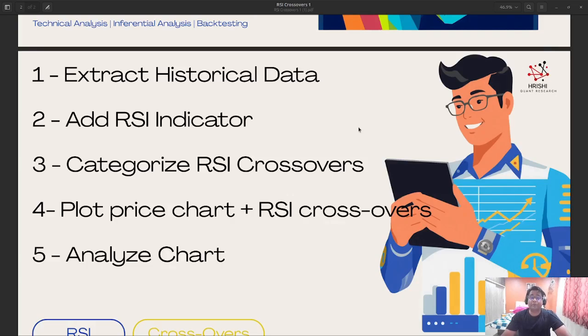So we will add an additional column, which is RSI crossed above. This will be an additional column.